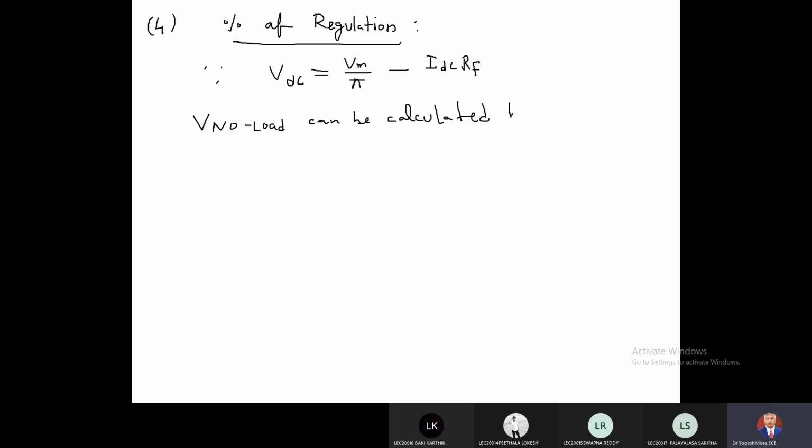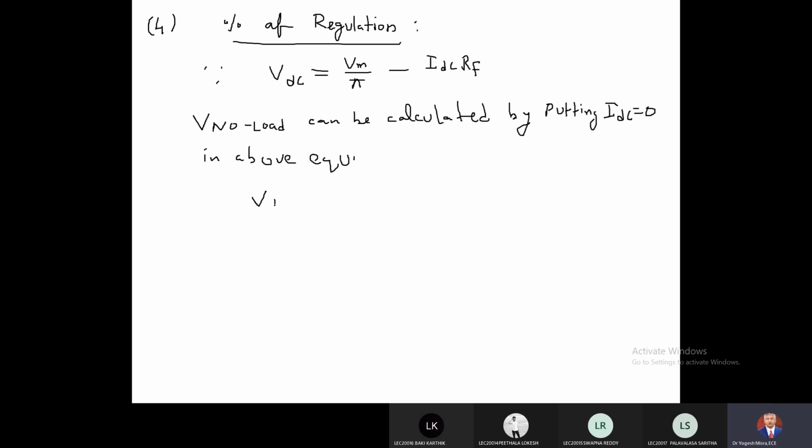Calculated by putting IDC is equal to 0 in the above equation.